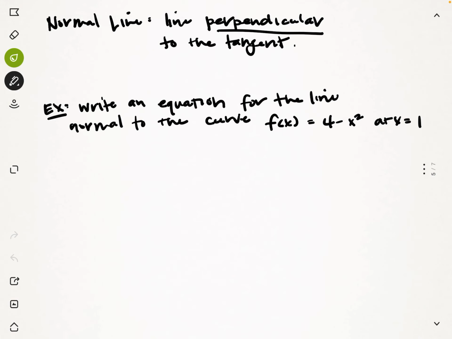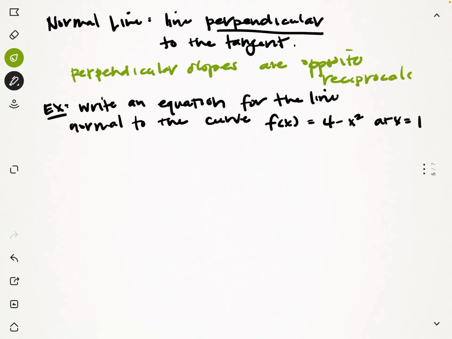Okay, next thing is normal line. A lot of people get mixed up here, normal line and tangent line. But the normal line is just the perpendicular to the tangent. Now, the cool thing about perpendicular and normal lines, and this ties all the way back to Algebra 1, is that these two perpendicular slopes are opposite reciprocals.